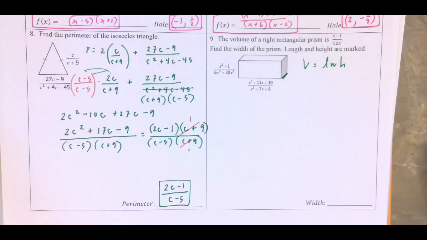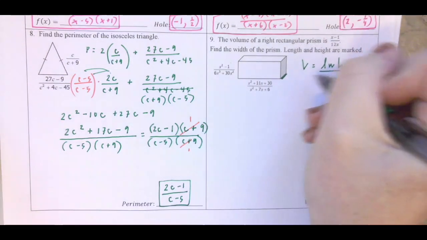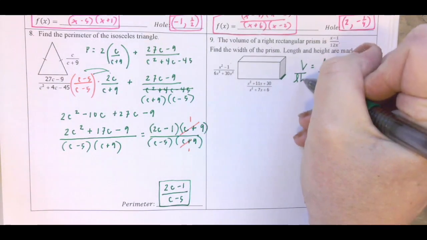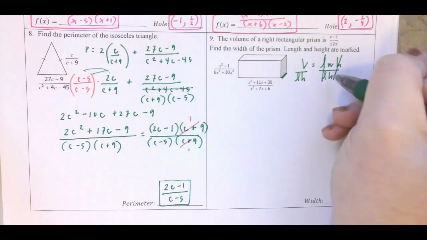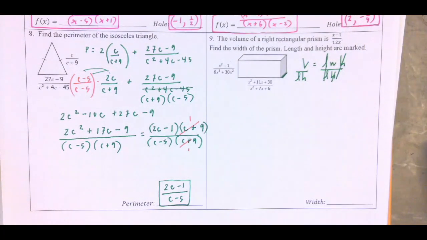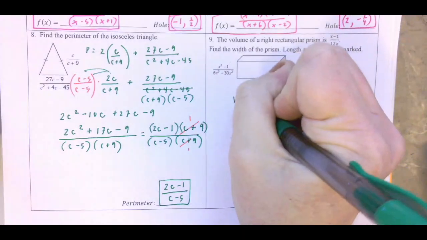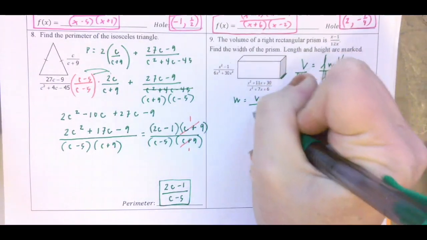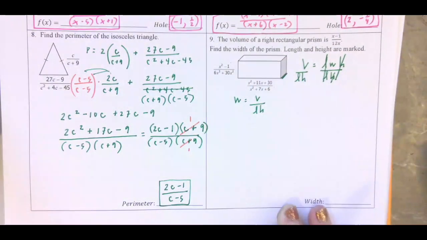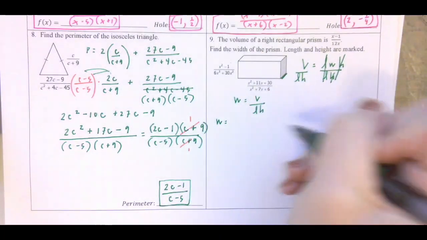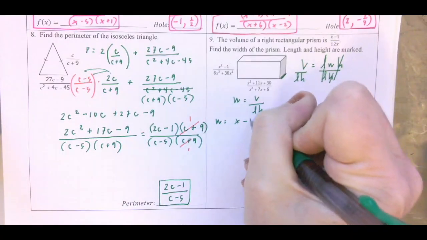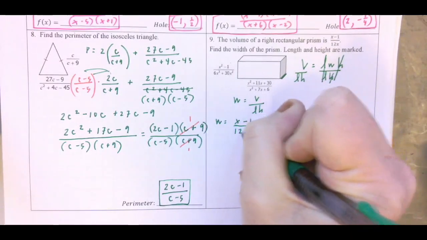So if I want to solve for the width, I can divide each side by the length and the height. And I see that my width is just the volume divided by the length times the height. All right, so if I write that out, I know that my volume is x minus 1 over 12x.